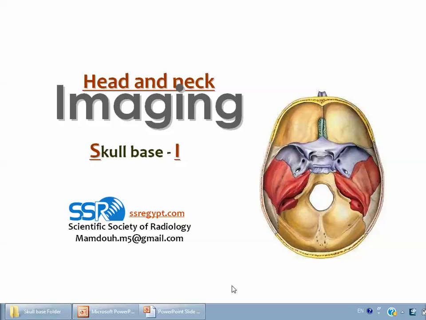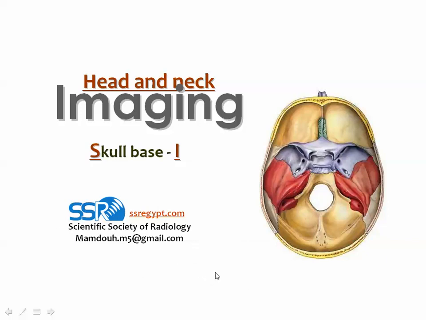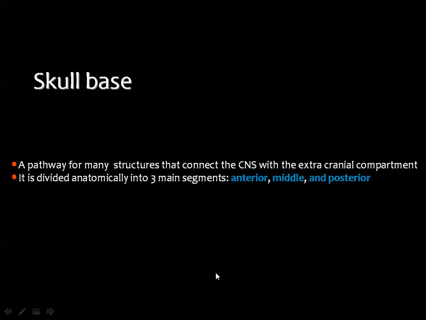Dear colleagues, this is one of the hard topics in head and neck imaging, and I will try to simplify it as much as I can. It will concern imaging of the skull base. As you all know, this is one of the important areas in head and neck imaging because the skull base is considered the pathway for many of the structures going to the intracranium or outside the cranium.